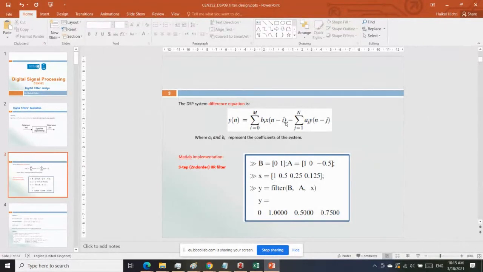So we have the coefficients, the B coefficients 0, 1, and A coefficients 1, 0, minus a half.